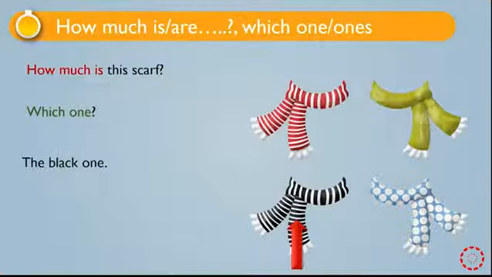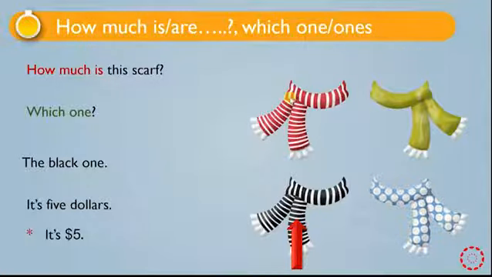The black one. And the price of the black one is $5. It's $5. We use which one because scarf is singular. We are talking about one scarf.